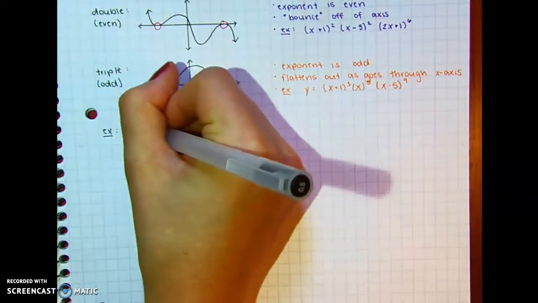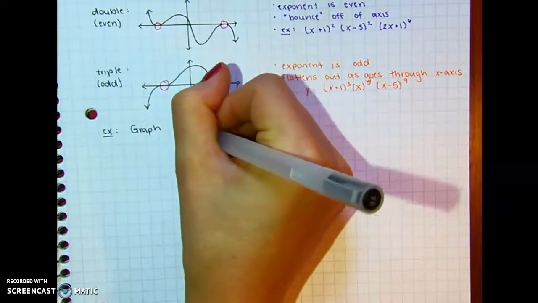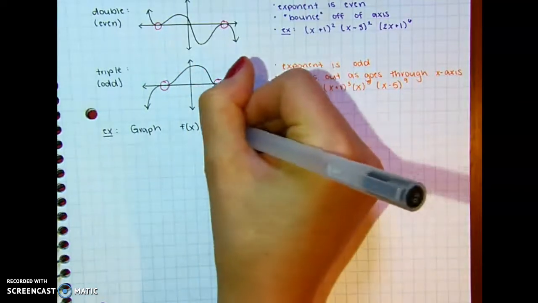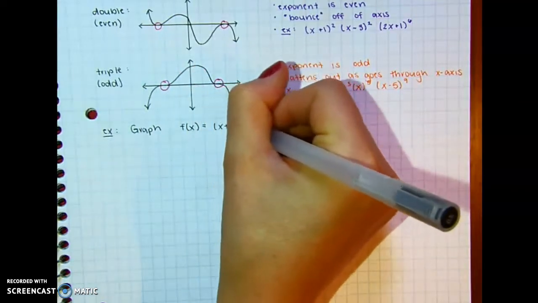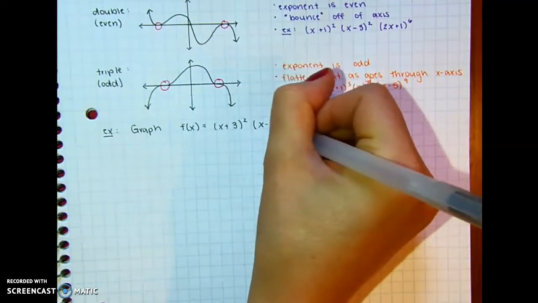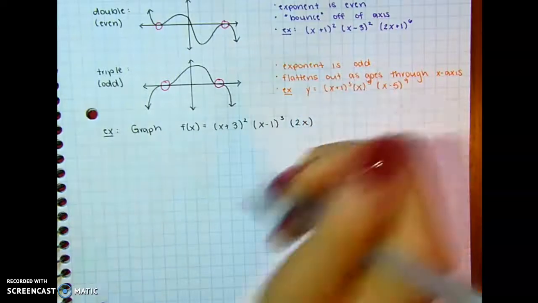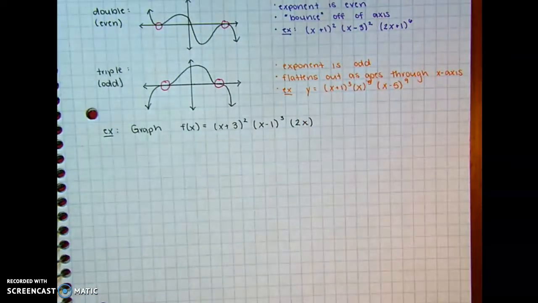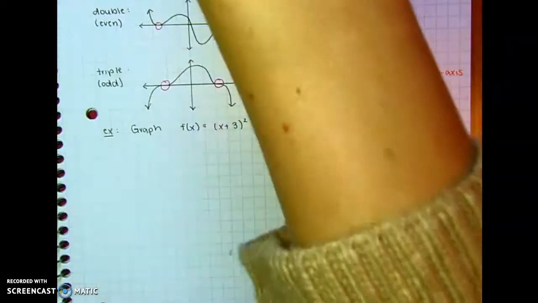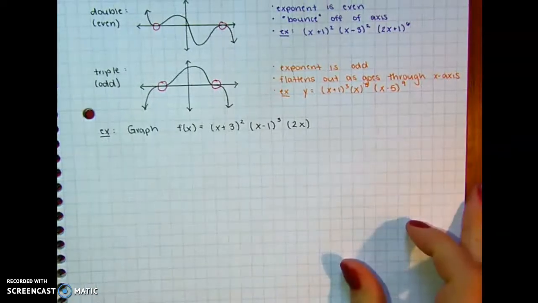So graph f of x equals x plus 3 squared times x minus 1 cubed times 2x. Alright, so we need to determine where our roots are going to be.